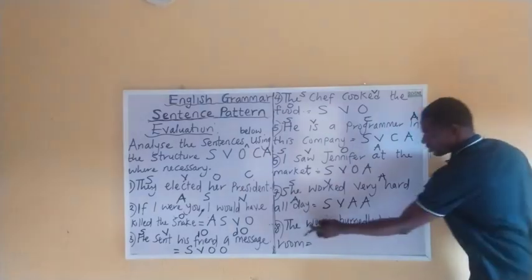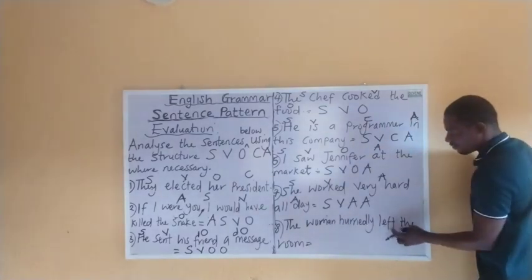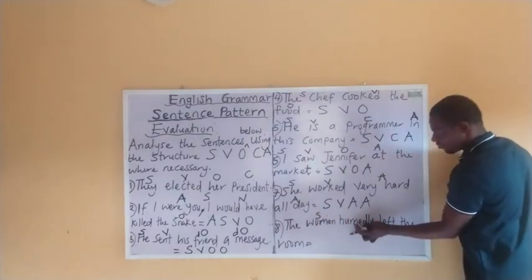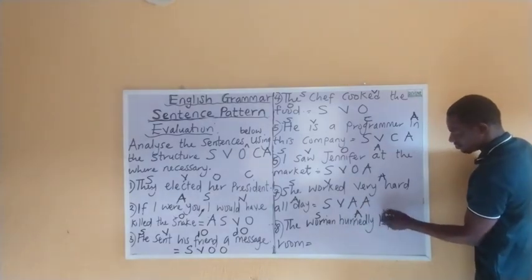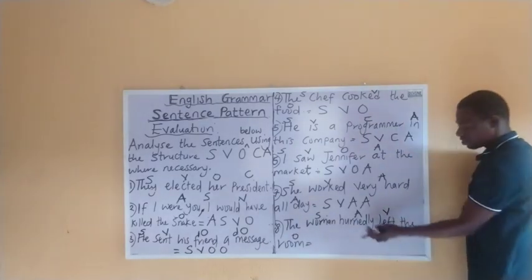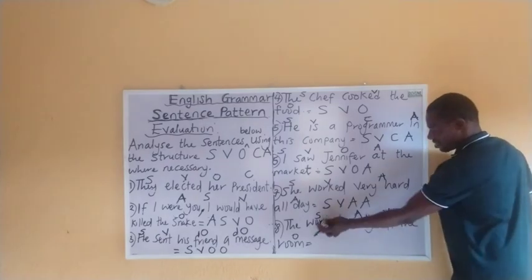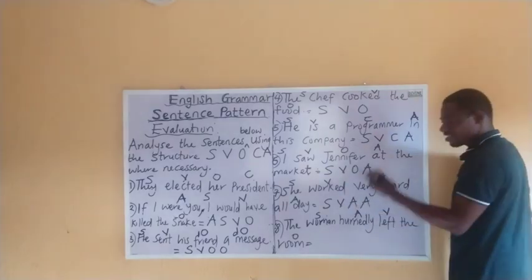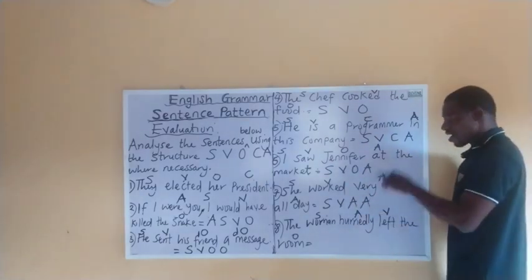Number 8. The woman hurriedly left the room. The woman is the subject. Hurriedly is adverb of manner. Left, verb. The room, object. Hurriedly can be: the woman left the room hurriedly; the woman hurriedly left the room; hurriedly, the woman left the room.